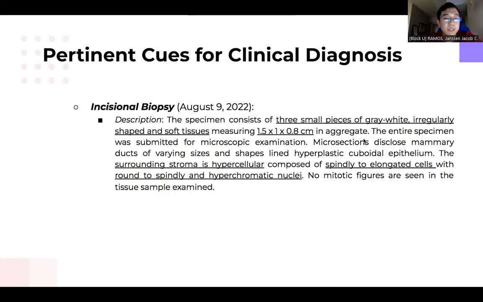So the entire specimen was submitted for microscopic examination, microsection disclosed, mammary ducts of varying sizes and shapes, lined with hyperplastic epithelium, and the surrounding stroma is hypercellular, composed of spindly to elongated cells with round to spindly and hyperchromatic nuclei, in which no mitotic figures are seen in the tissue sample examined.